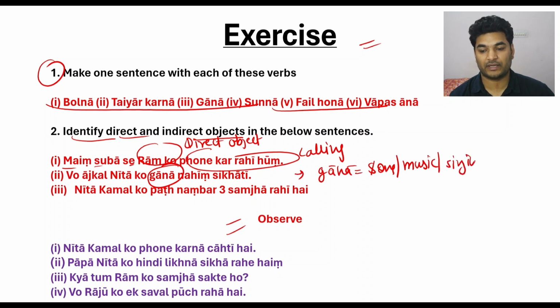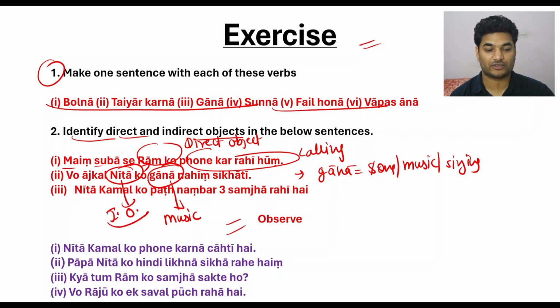All right. What she does not teach? Music, anymore. Nita. Who? Indirect object. To whom she does not teach? Nita. नीता कमल को पाठ नंबर 3 समझा रही है. Nita is explaining lesson number 3 to Kamal. What she is explaining? Lesson number 3, direct object. To whom? Kamal.